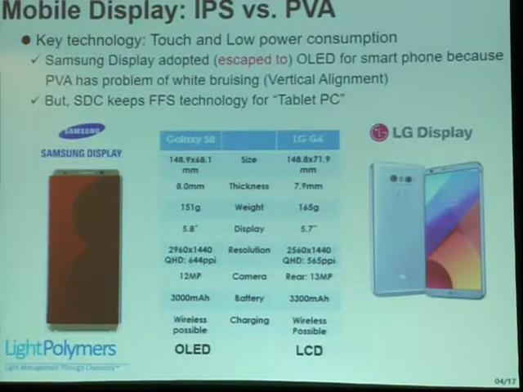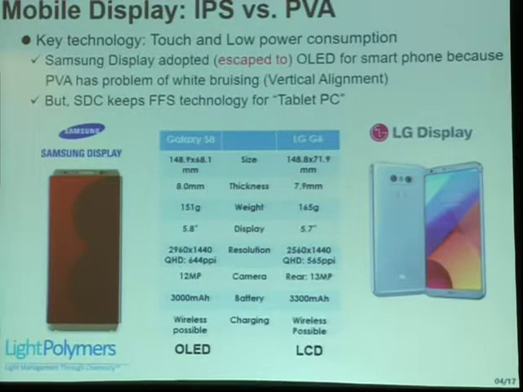So that's why Samsung Display escaped to OLED display. That's the reason, okay? Although Samsung Display didn't want to go to OLED, because it is really a difficult technology.